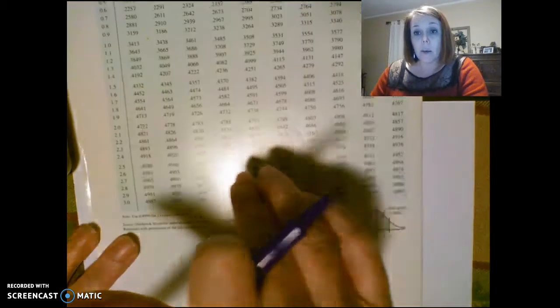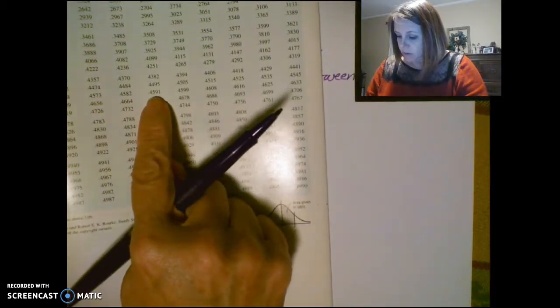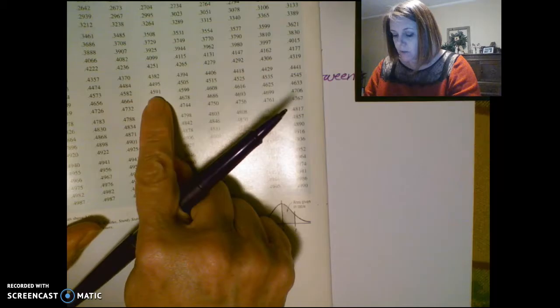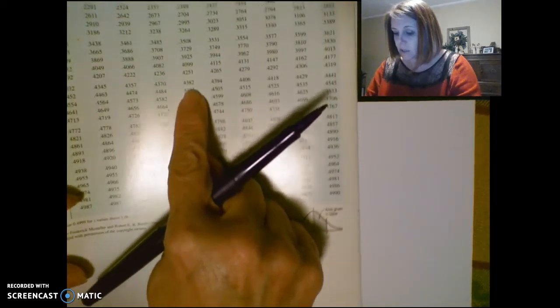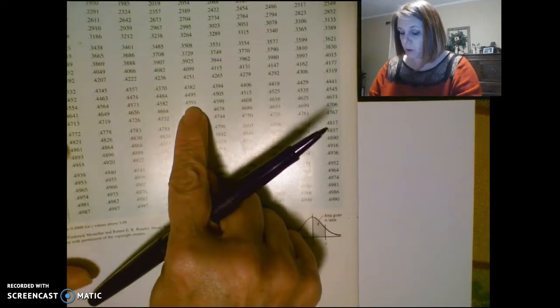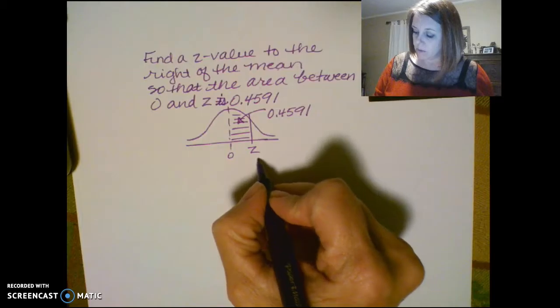So I want to find the area 0.4591, right there. Trace it over to the left side, I see that starts with 1.7, and if I trace it up to the top, 0.04. So 1.74 becomes our z value.